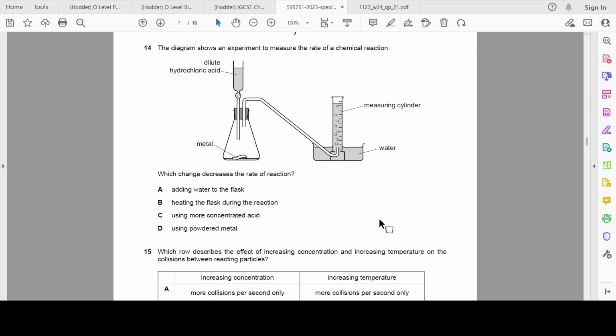The hydrochloric acid also comes down, so wouldn't it dilute? Now, if I understand the question correctly, the answer is A, by the way. But what could the reason be?